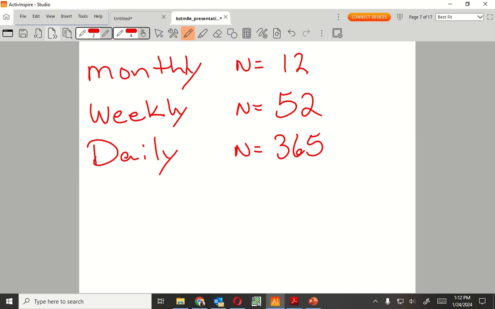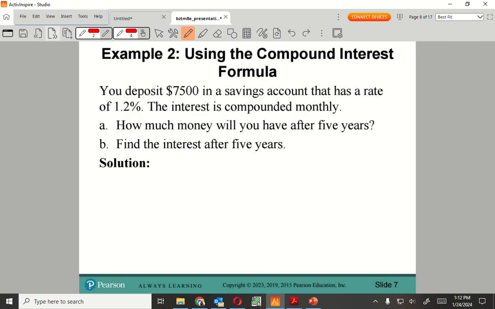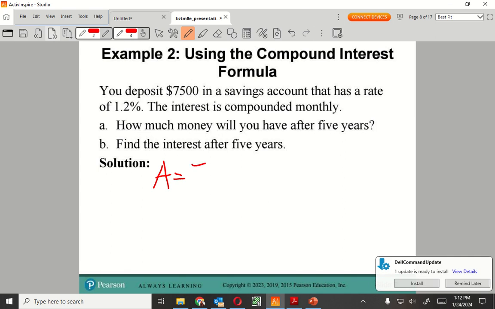All right. Now let's go back to our formula. This time you deposit $7,500 in a savings account that has a rate of 1.2%. The interest is compounded monthly. If I say monthly, N equals what? 12. Very good. How much money will we have after 5 years? So let's set up my formula. A equals 7,500 parentheses 1 plus.